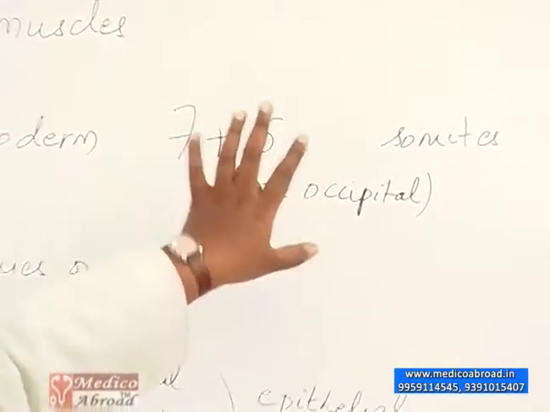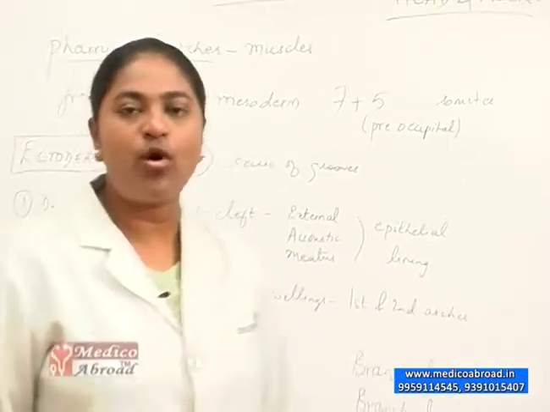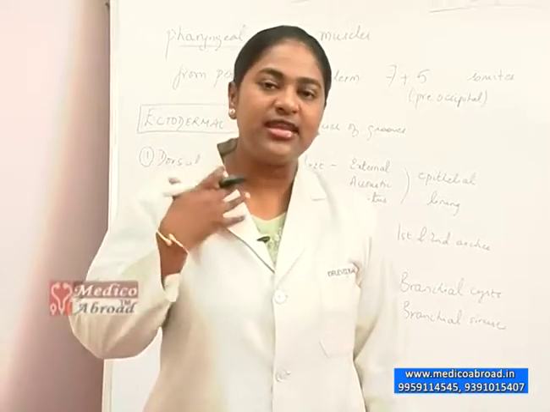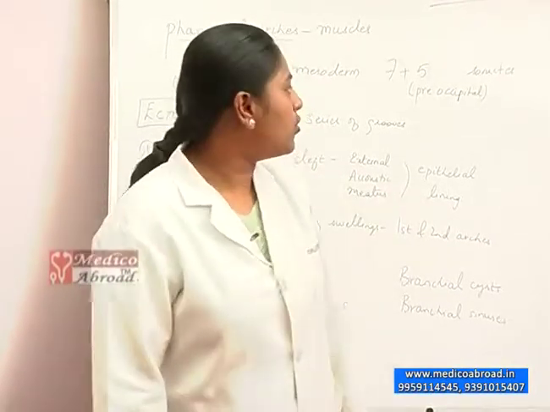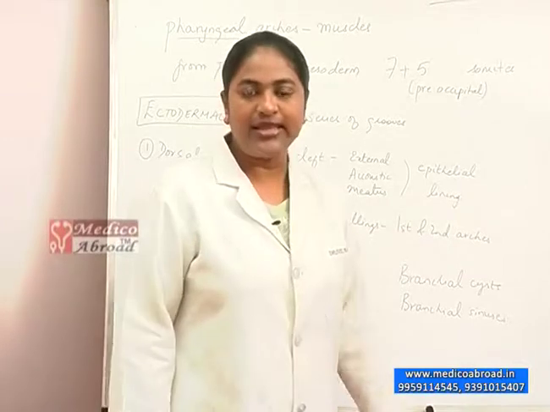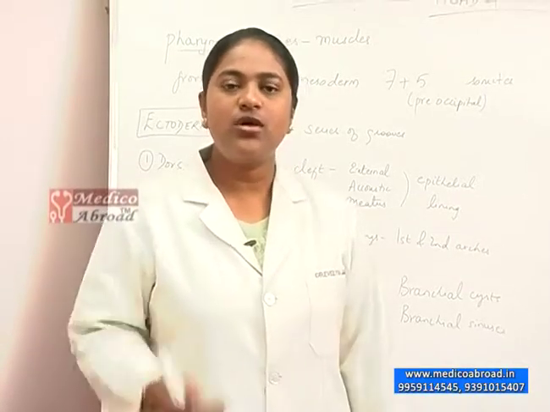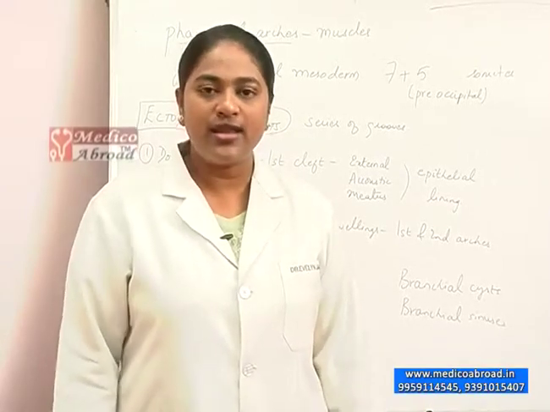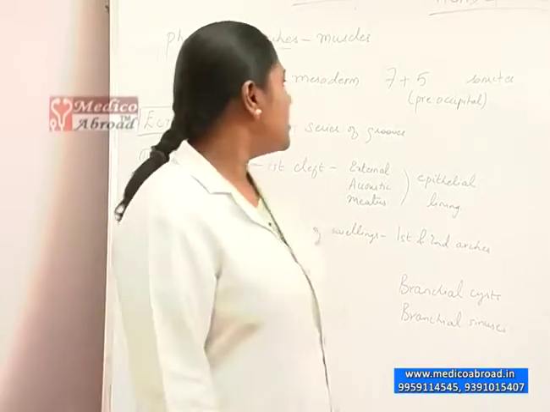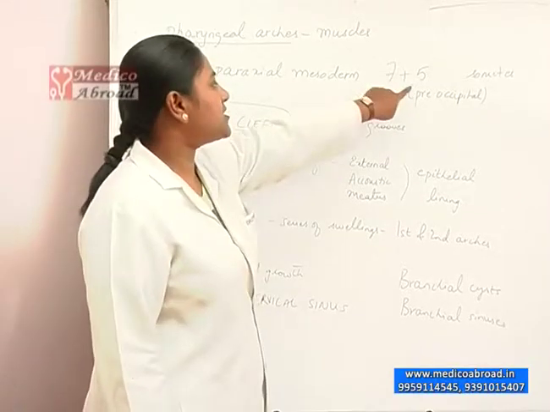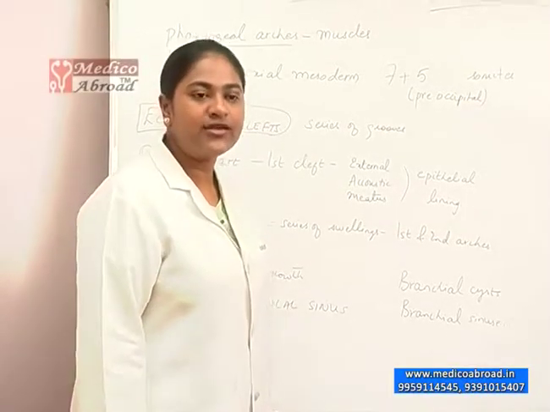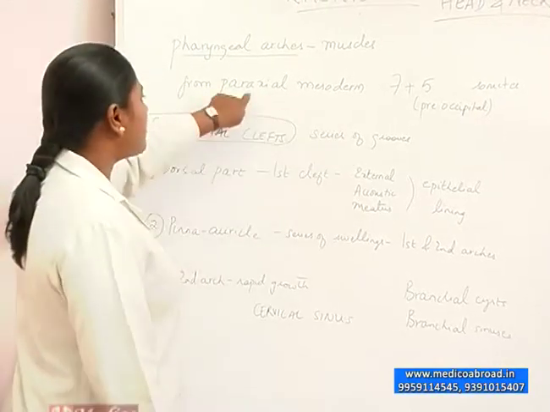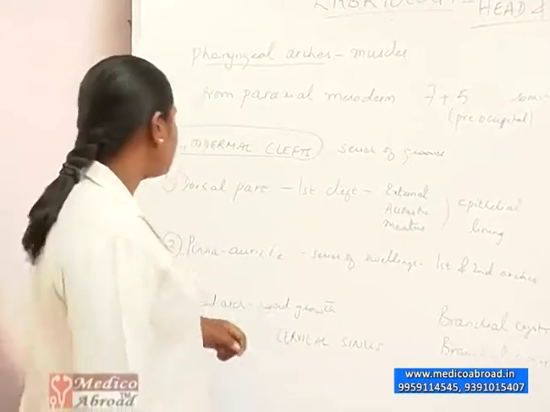These 12 somites together form all the different muscles of the ear and the neck region. There is a table that gives which somite gives rise to which muscle. Maybe it's worthwhile to learn that table.